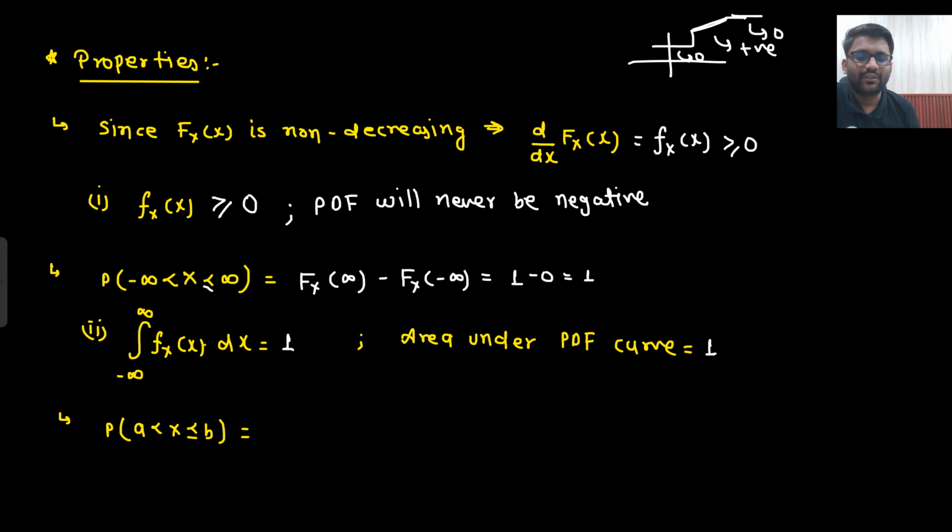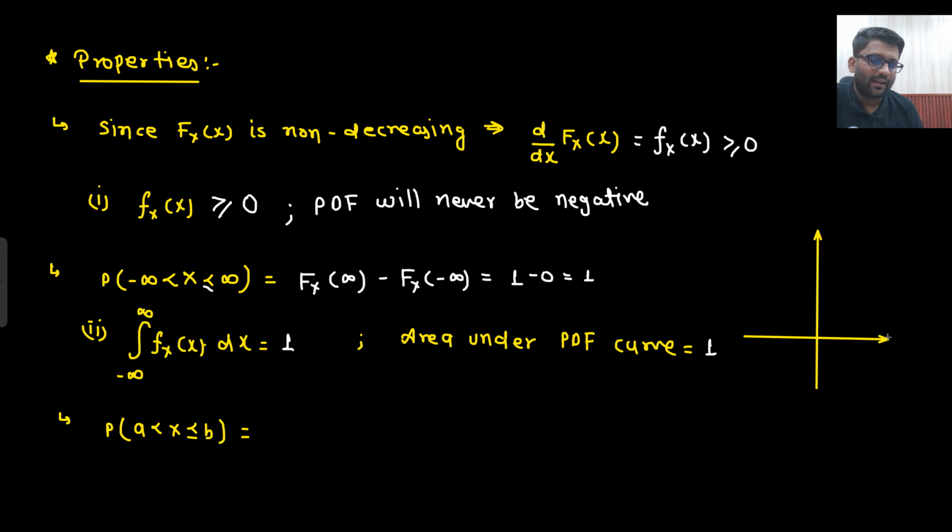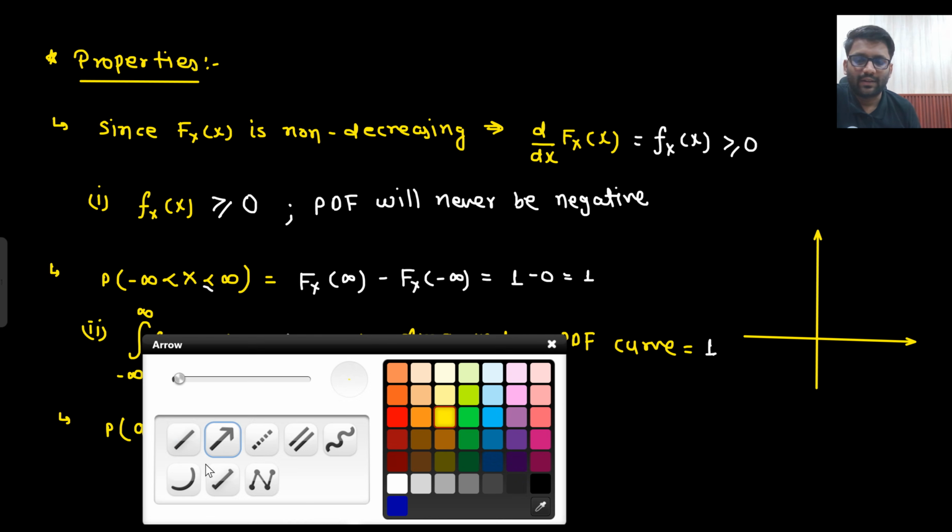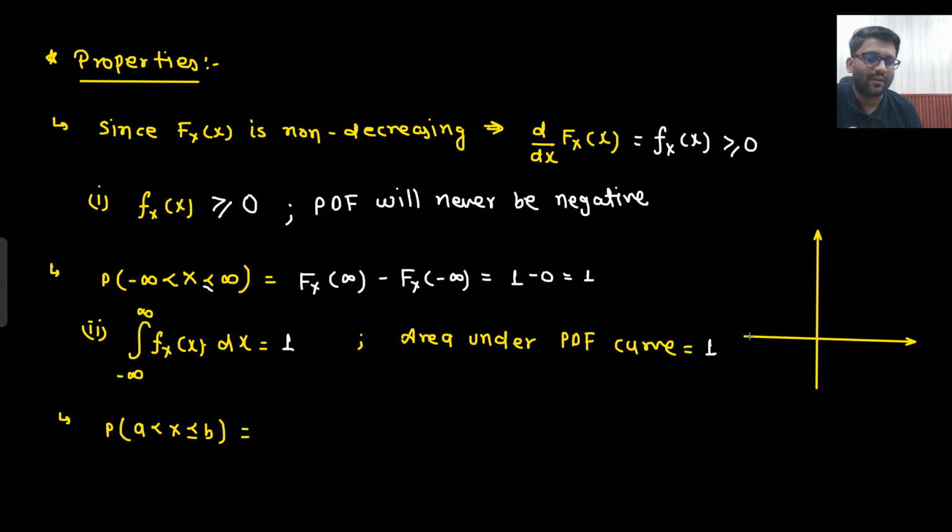Basically, whatever your PDF is drawn, let's just say any kind of PDF could be drawn. The area under the PDF curve will be 1. Let's just say this kind of a PDF is drawn. It could be decreasing as well. Never ever I said that PDF could not be decreasing. PDF could be decreasing, but it should be positive. That's the only condition.